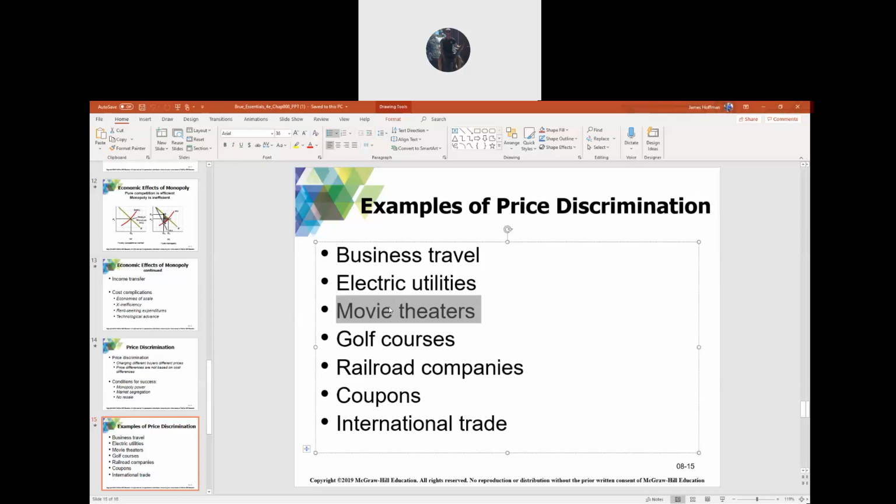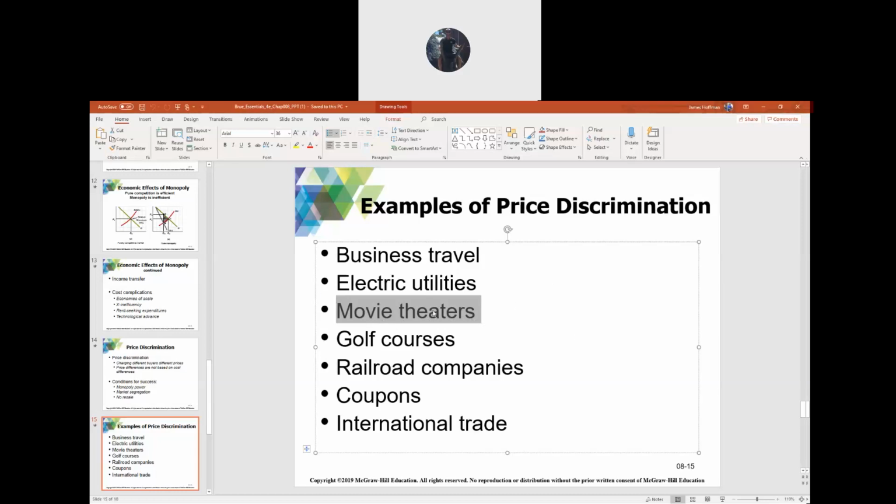Okay, movie theaters can charge different prices to different customers. What do movie theaters, or what did they used to do? I don't know what they do anymore, but what are some different groups they would charge different prices? Before the pandemic, who got lower prices to go to the movies? Yeah, senior discounts.